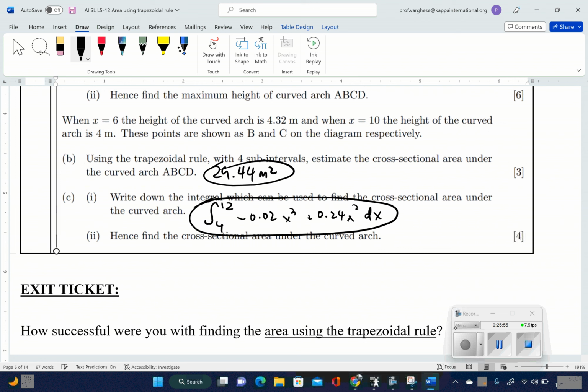And then now it says evaluate it, right? So you just take it, plug it into the calculator, and you're going to get that the area under the curved arch is about 30.7. And since this is area, this is going to be meters squared. Okay, great job. Less than 30 minutes. Last lesson of calculus for the year. All right, great job.